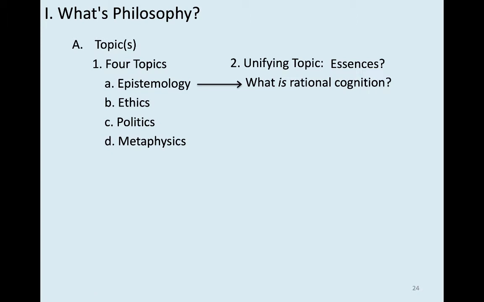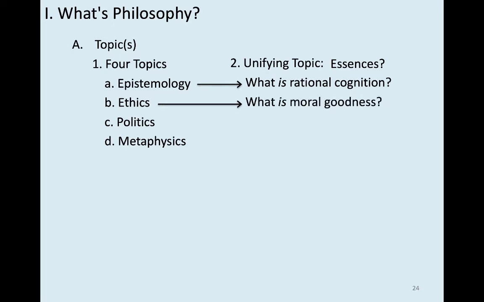The epistemologist doesn't want you to say, well, if you add 2 plus 2 and you get 4, that's rational cognition. Or if you infer the simplest theory from a set of otherwise equal theories, that's rational cognition. What the epistemologist wants you to do is say, here's the essence of rational cognition. Here are the necessary conditions such that when you conjoin them, you get a sufficient condition for being rational cognition. Here's what it really is.